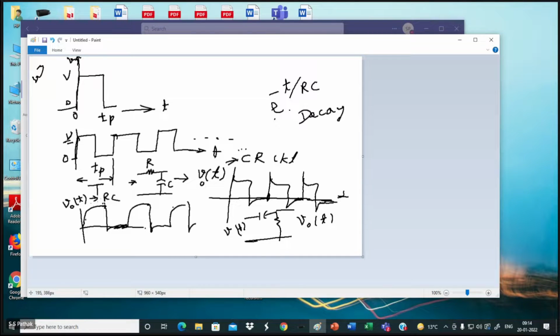This rising is 1 minus e to the power minus t by RC, or t by tau, whatever name you give. This is called the time constant. Okay, so this is your rise.